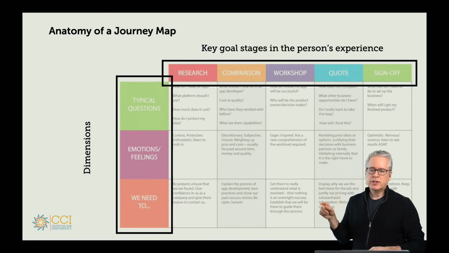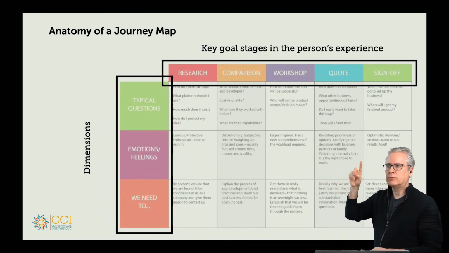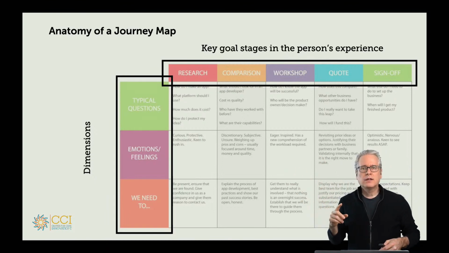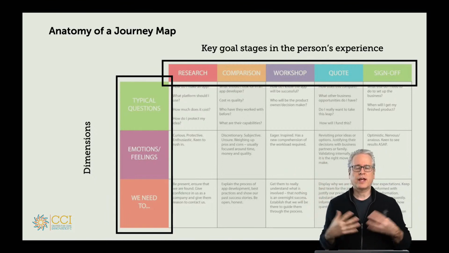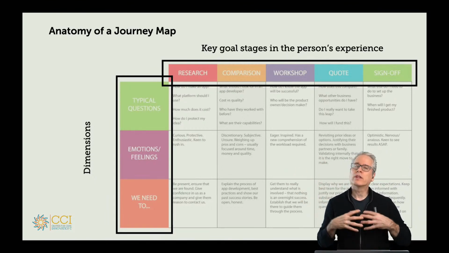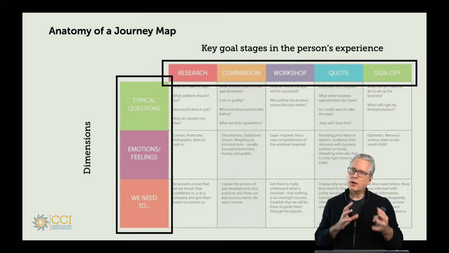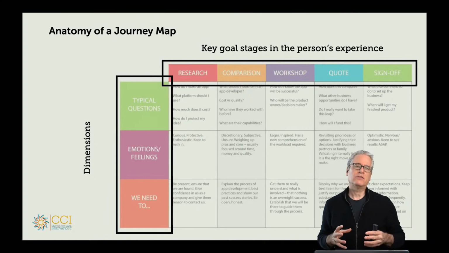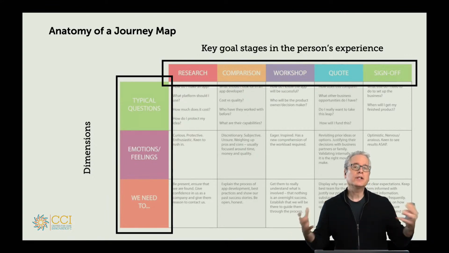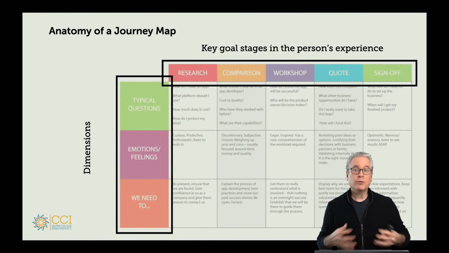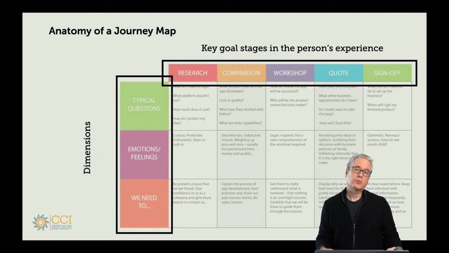But one thing that they have is this middle column, which is what the person who's going through that journey or that experience is feeling or thinking or questions they have, right? And so that's why we need a little bit of understanding of who those people really are and what their experience is really like. That's why your observations and open-ended interviews are so critical to doing this well.